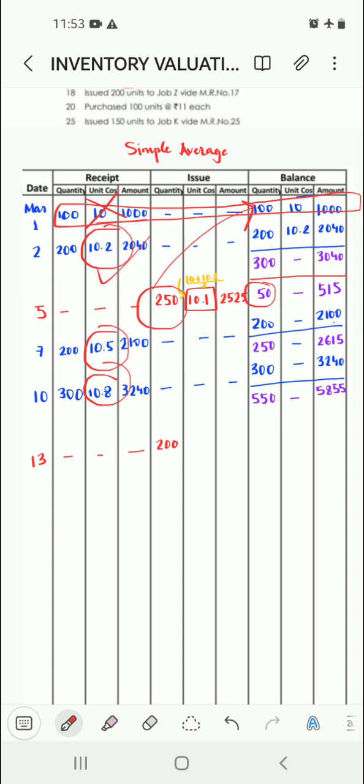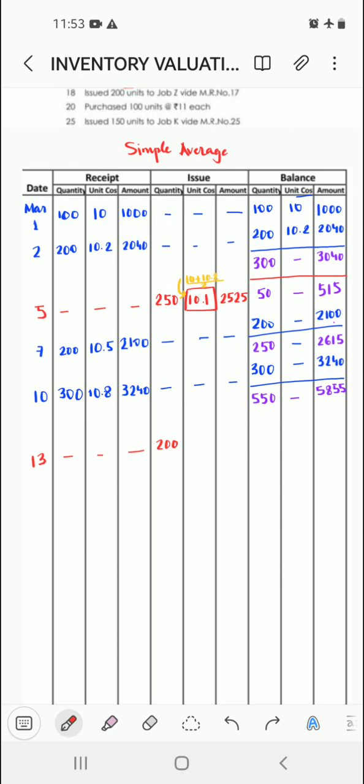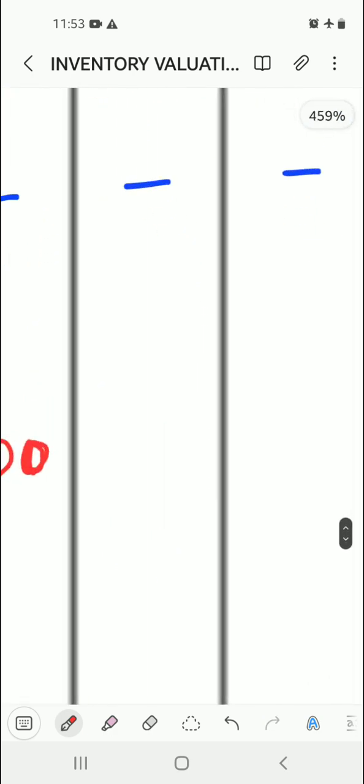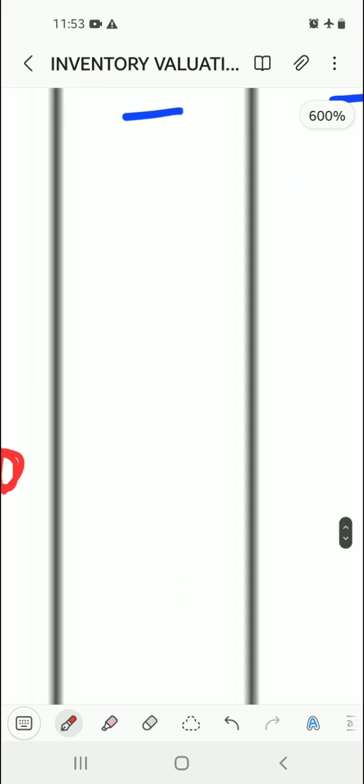We can take 10.2, 10.5 and 10.8 to find out the average. So the number to be included will be 10.2, 10.5 and 10.8 divided by 3. Once we do it, we are getting 10.5. We're going to write it here. It is 10.5.